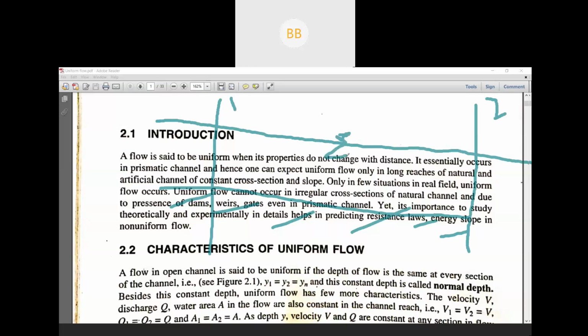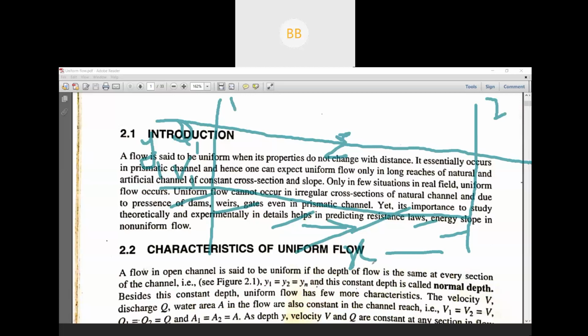So if you measure here the depth of flow, discharge, velocity, and then you travel some distance x, maybe 100 meter, 200 meter, 1 kilometer, it depends on you.